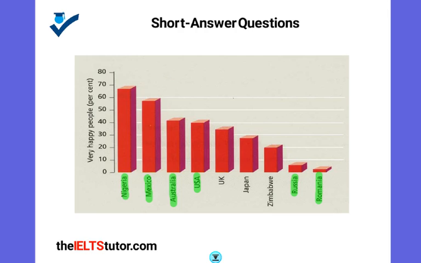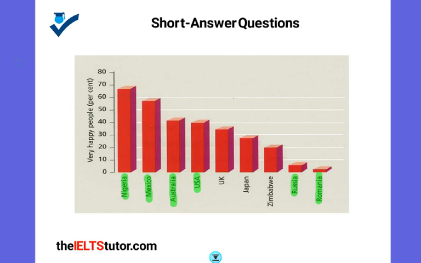Okay, over 40%, slightly goes over there. If you look at it a little bit more closely, it doesn't look like it's exactly 40%, but slightly over 40% of Australians are very happy compared with less than 10% of Russians. Okay, so you can see that it goes below this white line here.